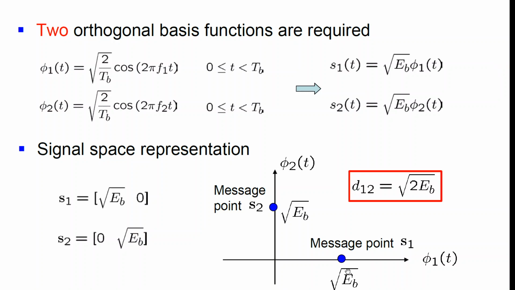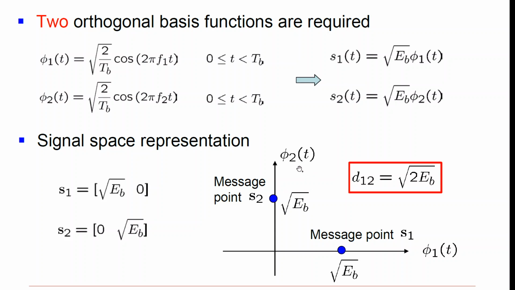So that is the point root EB, 0. Similarly S2 is the point 0, root EB. So this is the constellation diagram for a BFSK signal. The most important thing is to choose F1 and F2 such that phi 1 of t and phi 2 of t are orthogonal. Only then can we draw it like this, at 90 degrees.